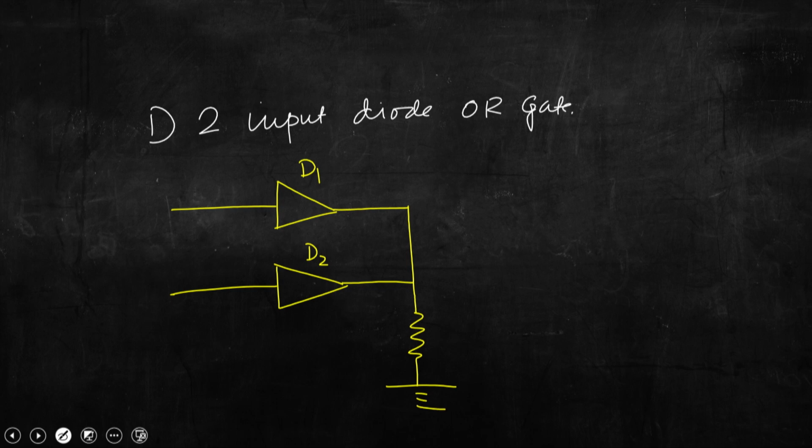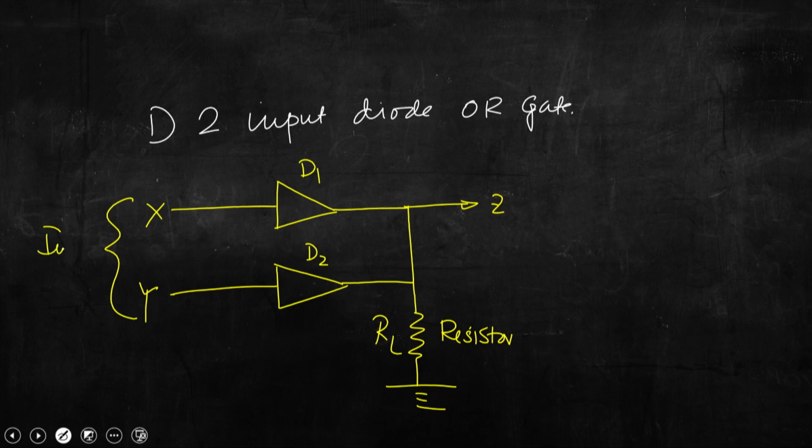This is grounded, with a resistor RL, and this is Z. We have X and Y. These are the inputs, and the output is Z.